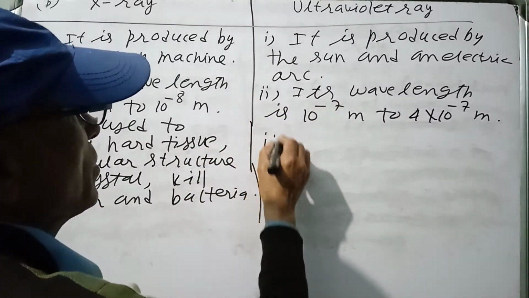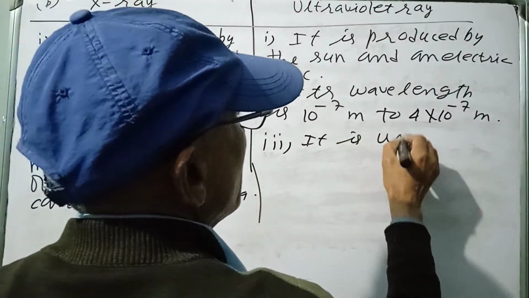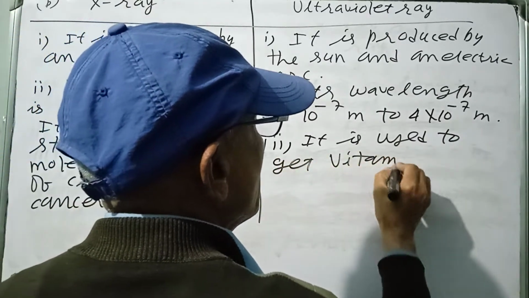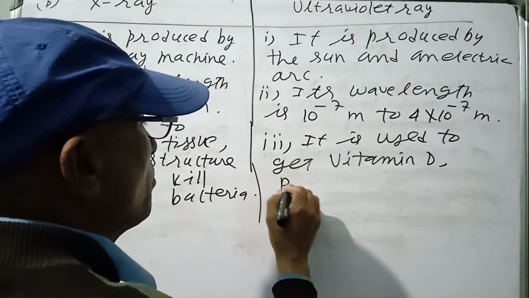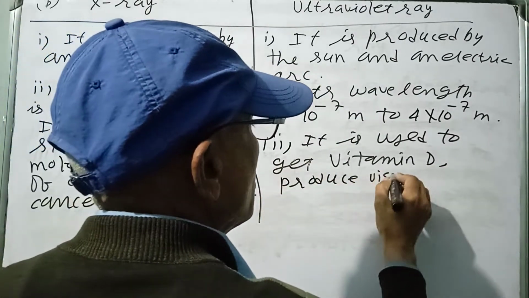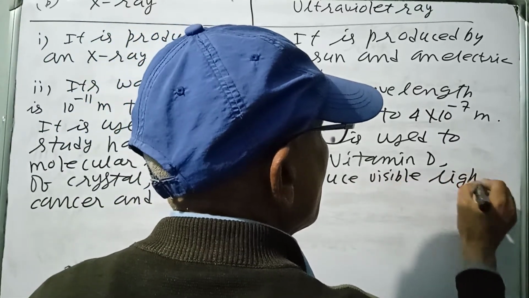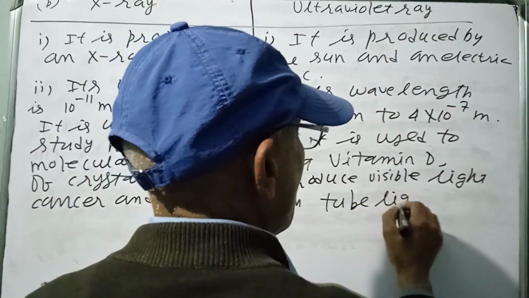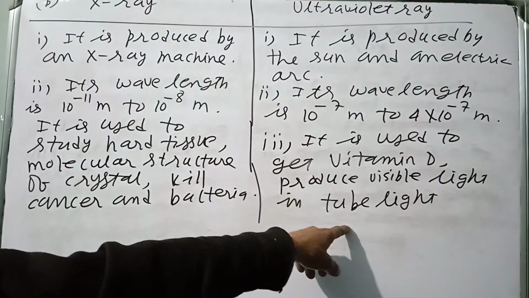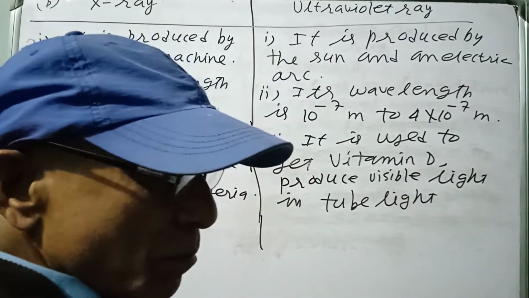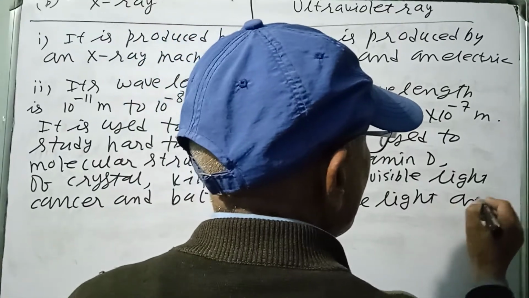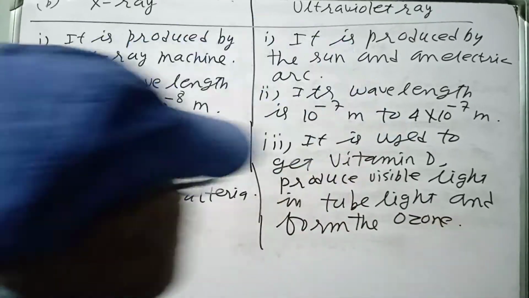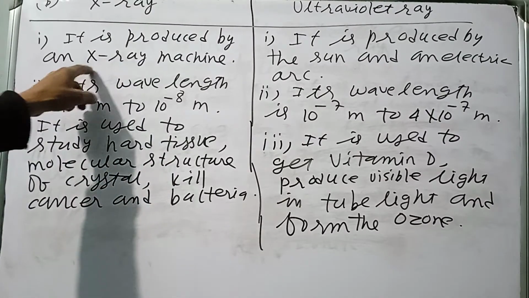Ultraviolet ray is used to get vitamin D, to produce visible light in tube light, also called mercury light or fluorescent lamp, and many others, and to form the ozone. Main difference: X-ray is produced by the X-ray machine.